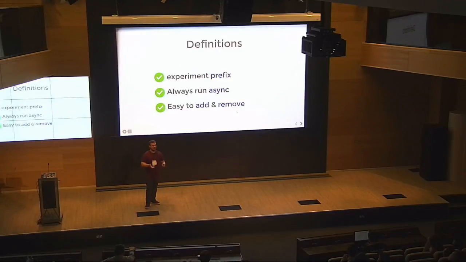So let's start with a few definitions for this. I'll try to avoid this in the future steps. First, we added the experiment prefix for every single prop that we have for those new features, for those new experimentations, so we can track via code how we are doing and how many experiments we have. Keep in mind that we talk about one navigation, a small piece, but different teams across the world can run different experimentations.